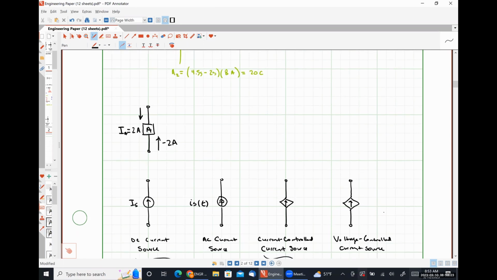A current controlled current source will have a magnitude of K times IX, where in this case K, once again a dimensionless quantity, will have units of amps per amp. And for our voltage controlled current source, we will have G times Vx, where G has units of amps per volt.